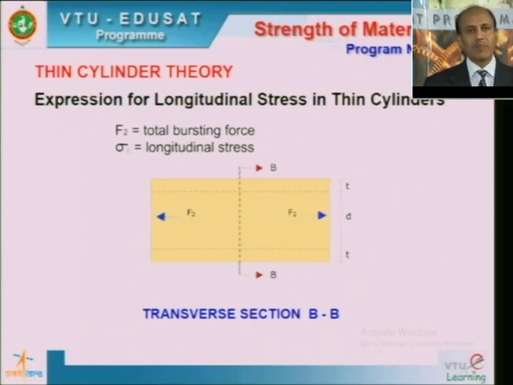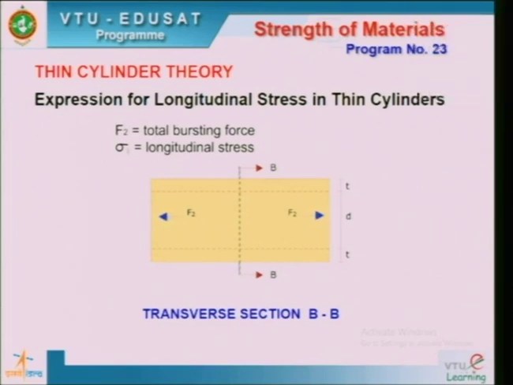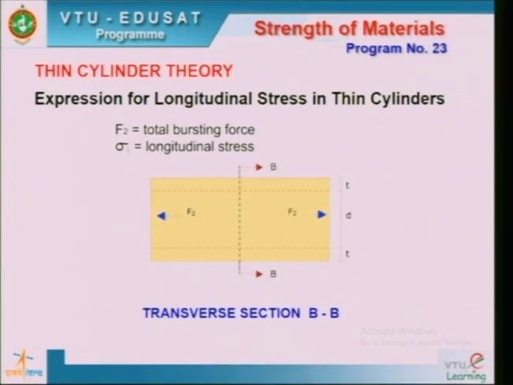The pipe has some length, and we imagine that the cylinder is going to burst along section BB, which is perpendicular to the length of the cylinder.